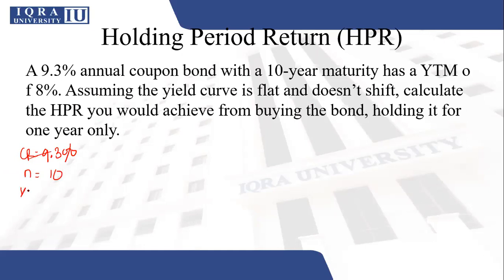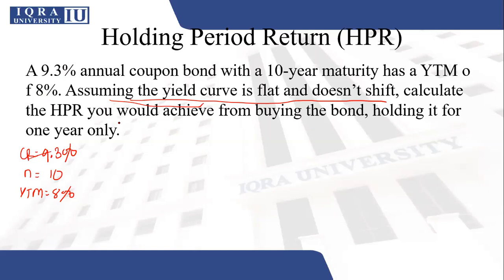YTM is 8%, assuming that the yield curve is flat and doesn't shift. This sentence simply means that your yield to maturity is constant, it is not going to change. Calculate the holding period return you would achieve from buying the bond and holding it for 1 year.